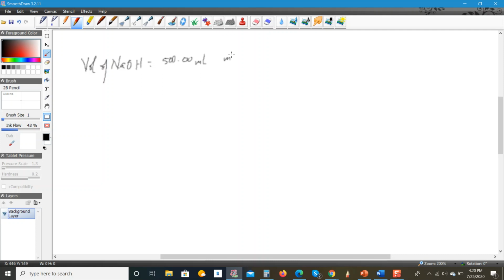Which means that the moles of sodium hydroxide added at this point will be equal to 500.00 mL times 1 liter over 1,000 mL times the molarity, which is 0.100 moles per liter. So when I work this out, I got 0.0500 moles.